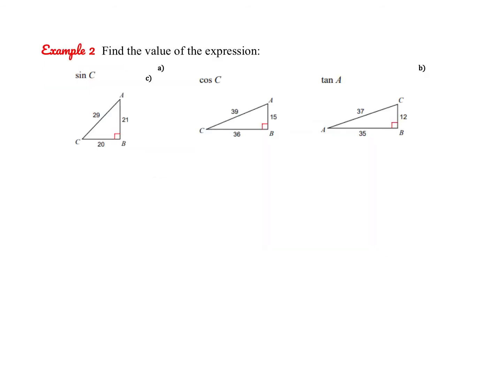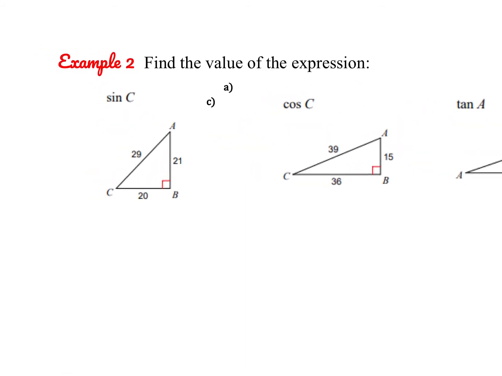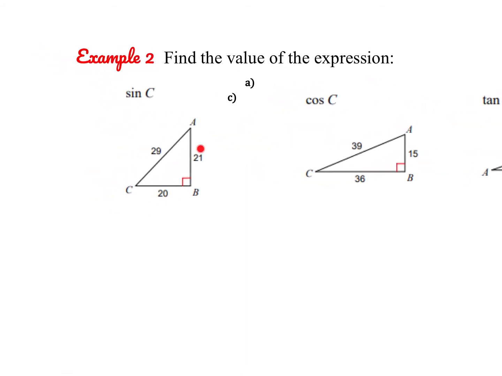Okay, so let's practice using these ratios. And sorry, my lettering got a little bit scrambled, so let's just start with this first one. So here we're given our triangle with 3 side lengths, and we're asked to find the sine of angle C. Okay, the sine of angle C. So if we are working with angle C right here, I'm going to label the sides. This would be our adjacent side, this would be our opposite side, and this is going to be our hypotenuse.